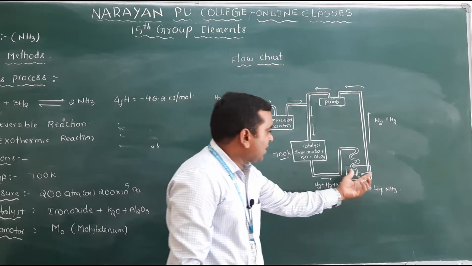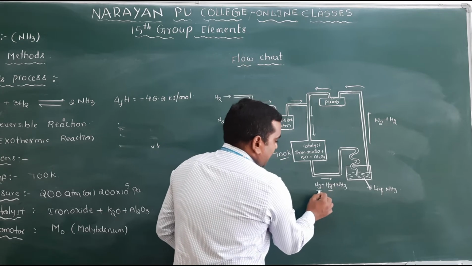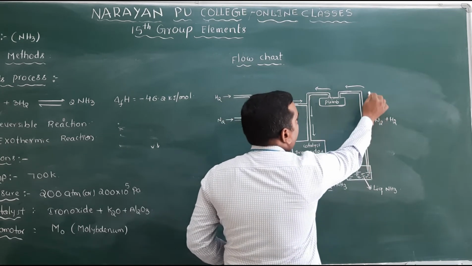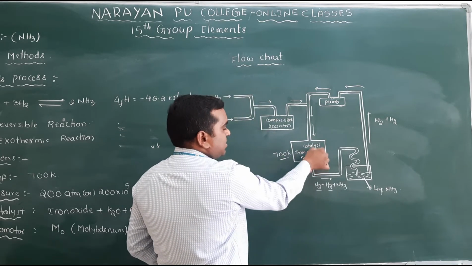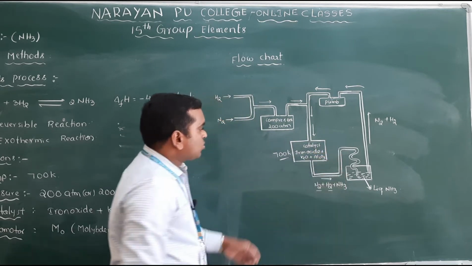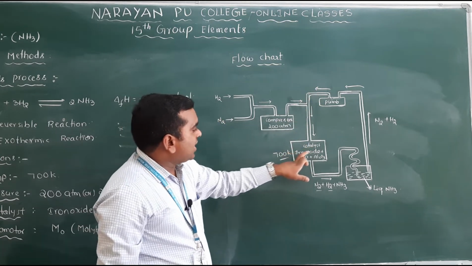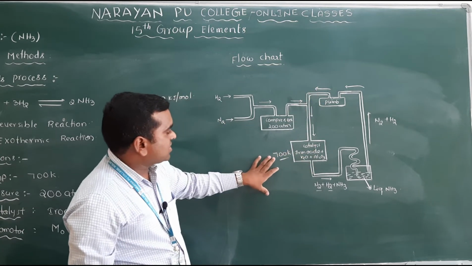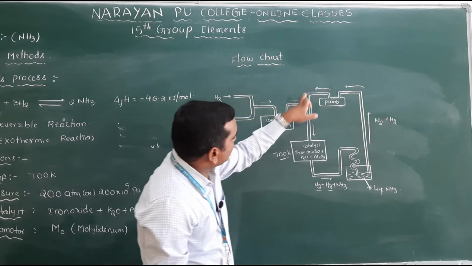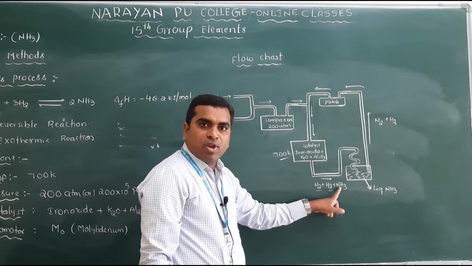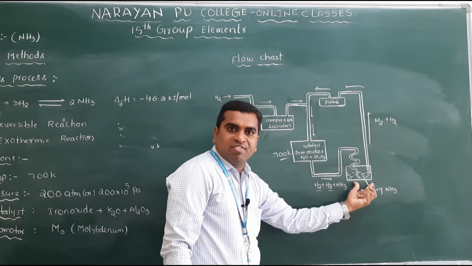liquid ammonia will be formed. Clear? So we collect liquid ammonia here, and the unreacted N2 and H2 are passed again through the pump into the catalyst chamber. Again at these conditions, iron oxide catalyst and 700 Kelvin temperature, the nitrogen and hydrogen react and give some more ammonia, which we get as liquid ammonia.